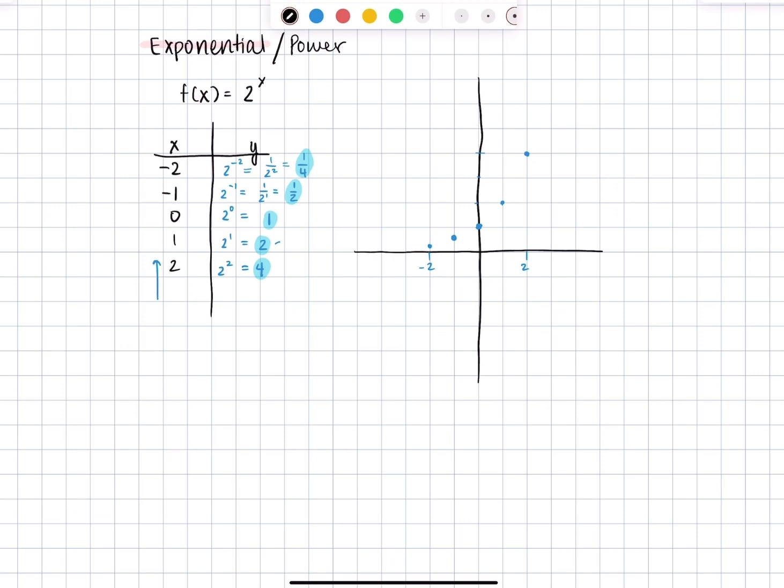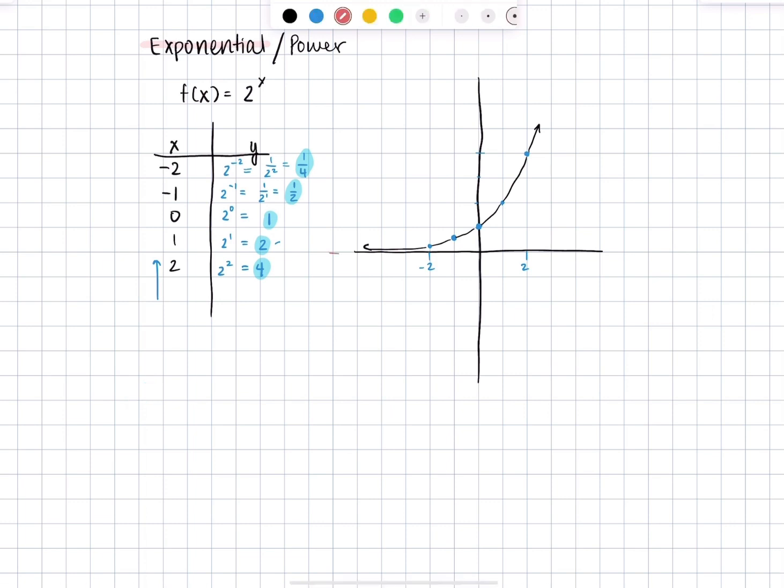So you can kind of see that it's approaching 0 here on the left side. But remember, it's never going to reach 0, because I can go all the way to 10, but it's never going to reach 0. That only occurs when you have infinity here, but infinity is not a real number.